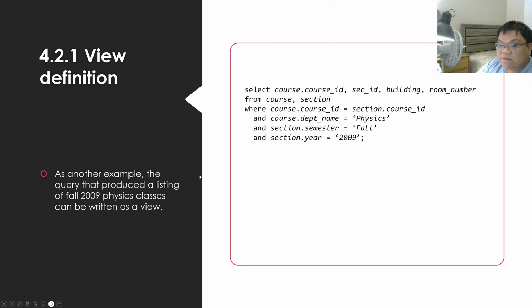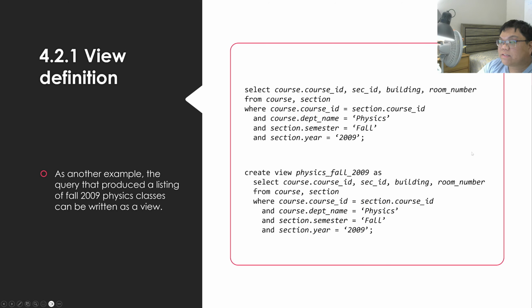Here's another example. So this is the query that produces a listing of fall 2009 physics classes. We can use that to define a view. Let's call it physics fall 2009. So this is the query, and here is the same query used to define a view for physics fall 2009 courses.